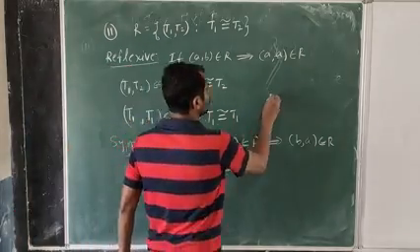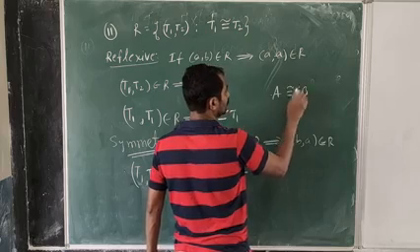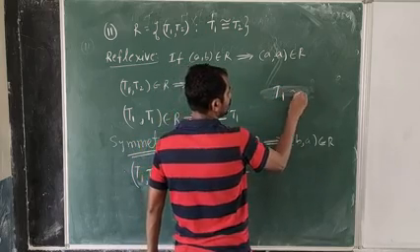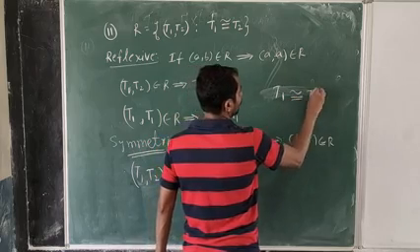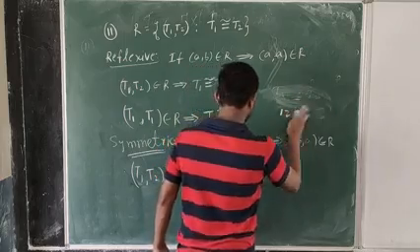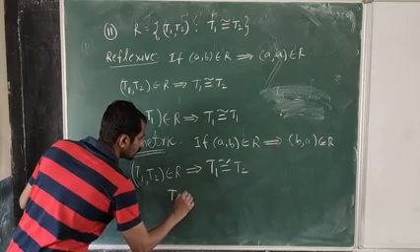So suppose triangle T1 is congruent to triangle T2 itself. We can write T2 is congruent to T1 also.